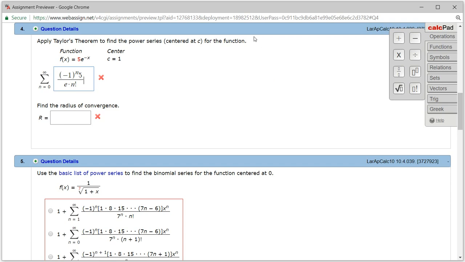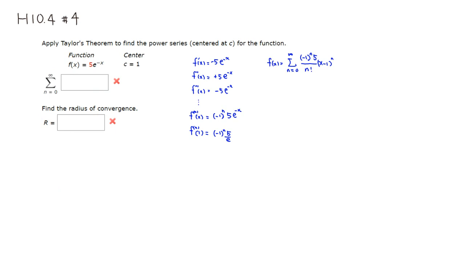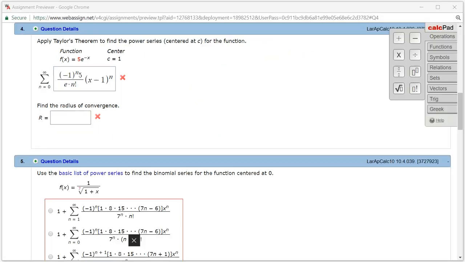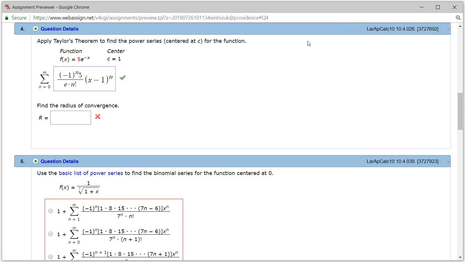Then we have x minus 1 to the n. Yeah, I forgot to put e there. Alright, so let's check the answer. I came back and it looks like we got the power series correctly.